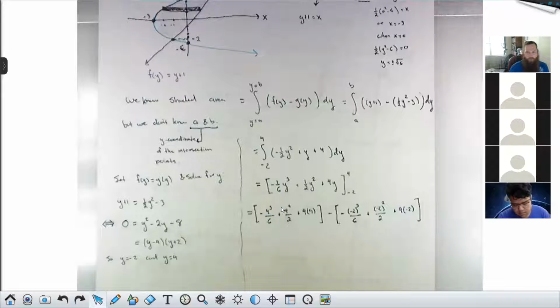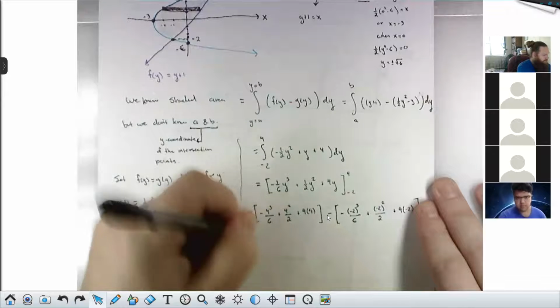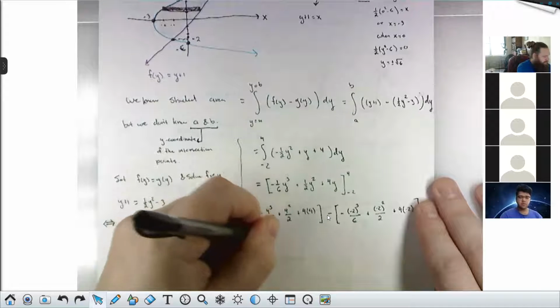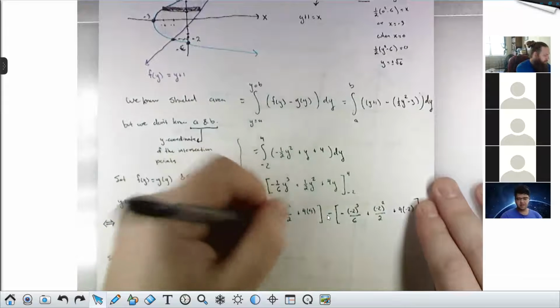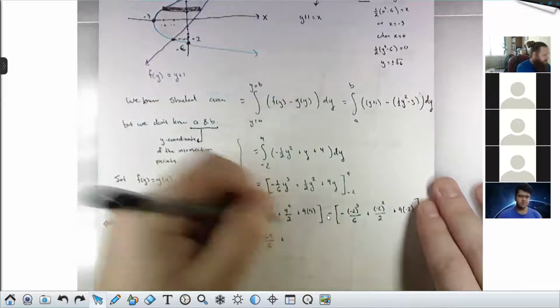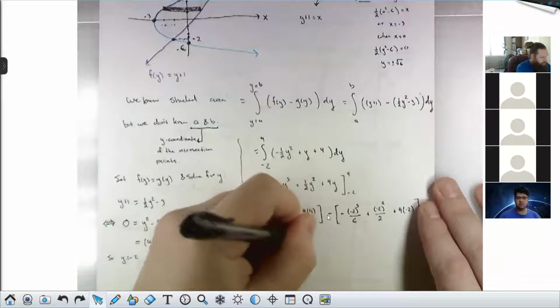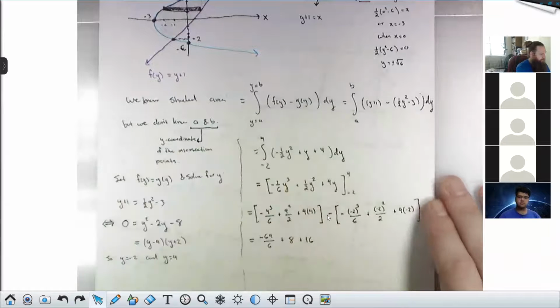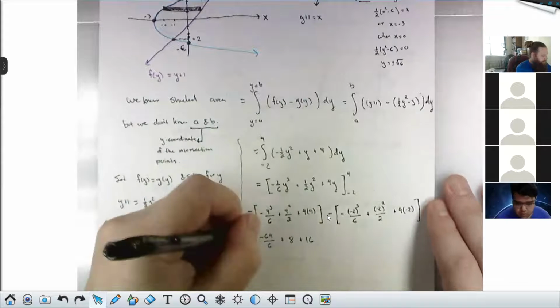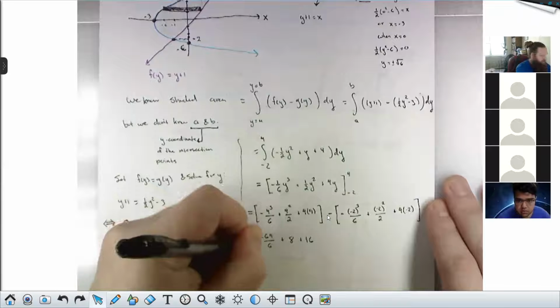4 cubed is 64. 4 squared is 16. 4 times 4 is also 16. This first piece is -64/6 plus this is 16 over 2, which is 8, plus 4 times 4, which is 16. Leave the brackets here at this step.